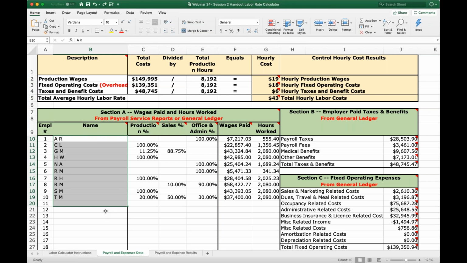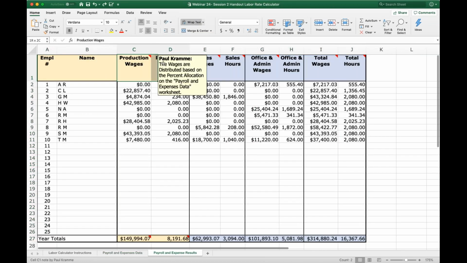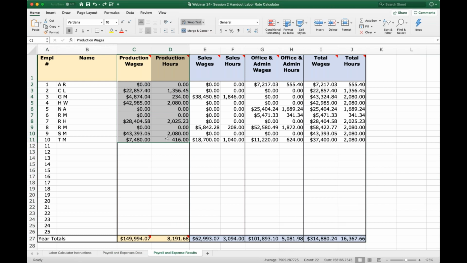Am I making myself clear? It's just what is on the payroll report. That's what we're using, and we're distributing the time and the dollars based on what that particular person does. For purposes of calculating the hourly rate, we're only interested in this group of people right here and the numbers involved.